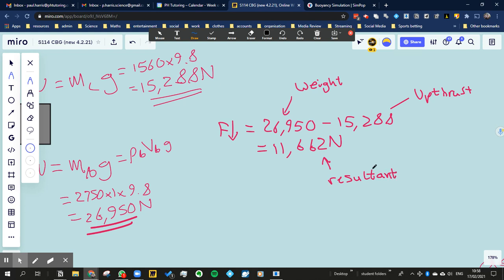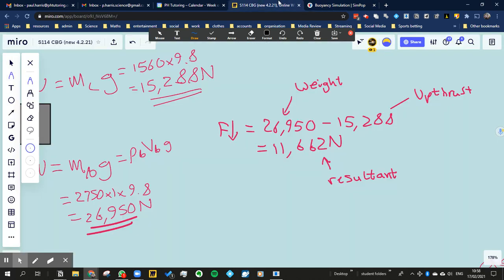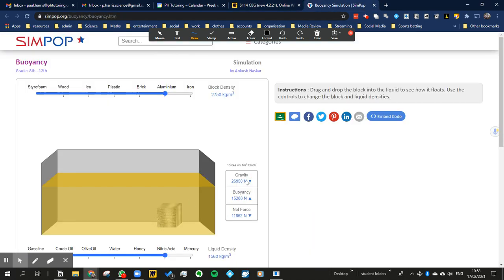Okay, so let's do the simulation. I'd already done it, but first of all, let's look at the net force, 26,950. That's what we calculated the weight of the object to be. And in fact, it still says it here, 26,950.